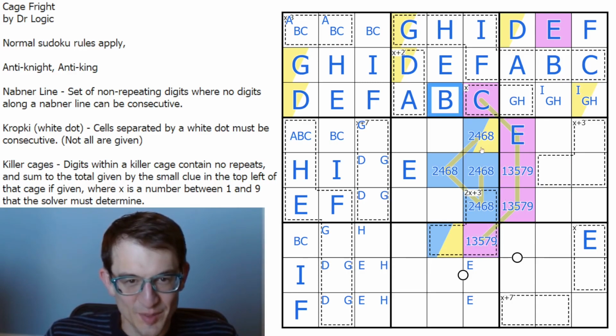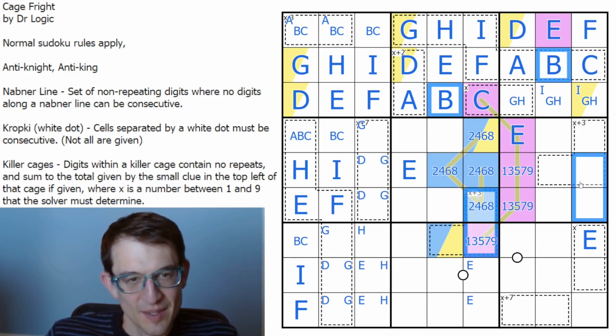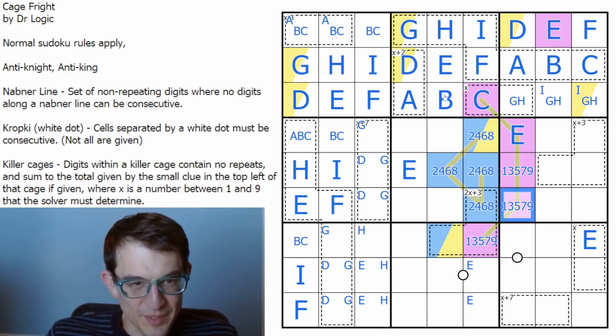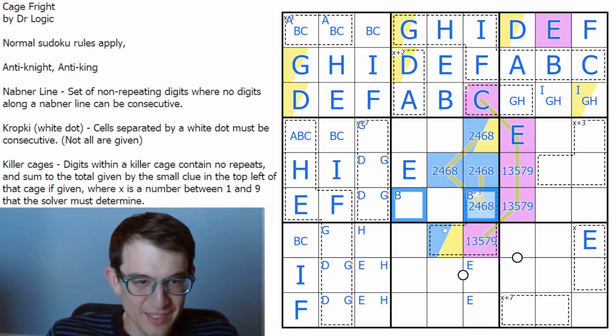Let's see. B is either here or any of these. If B is one of these, it has to go in one of those slots. And then, I don't know if that helps me. Well, hold on. Actually, as I said in the beginning, B is one of these.